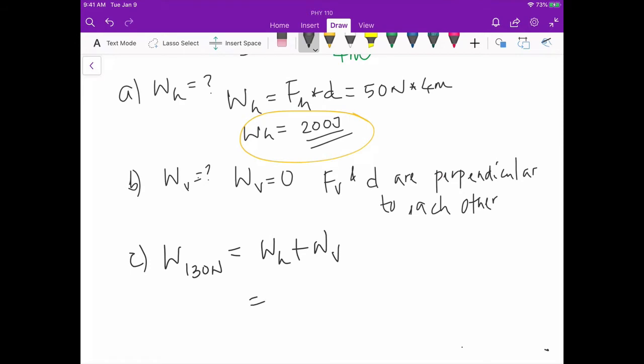The horizontal component did 200 joules. The vertical component did another 0. So the total work done by that 130 newtons of force is the sum of the work done by its components, which is 0 joules plus 200 joules. That's it.